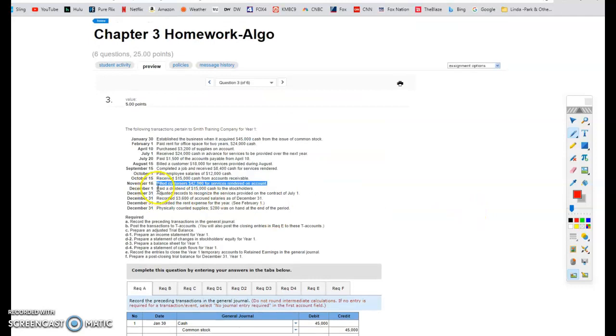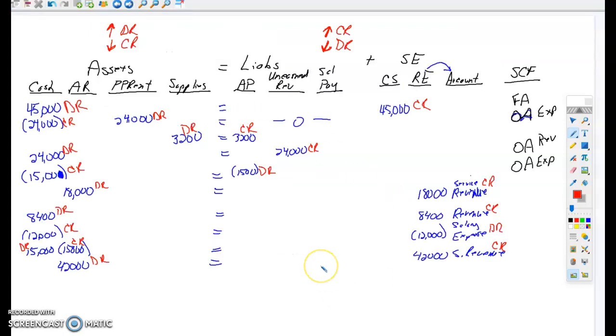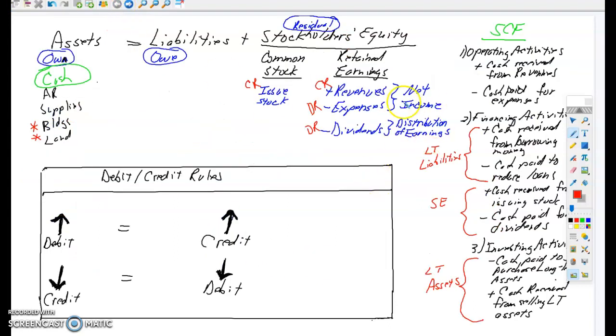Paid a dividend of $15,000 cash to the stockholders. Again, recall, dividends are distribution of earnings. They cause retained earnings to go down in the long run.